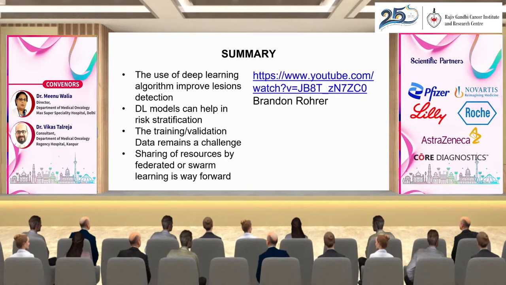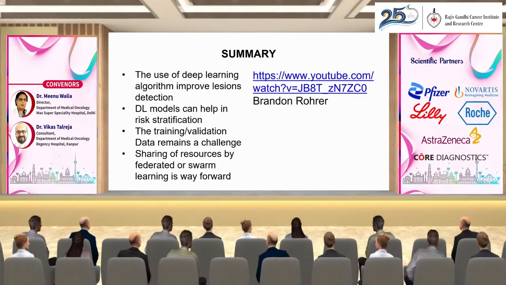What is federated and swarm learning? In federated learning, like I put all my slides into the cloud, and say Apollo puts all in the cloud, and Tata puts in the cloud, and anybody who wants to validate their AI system can use that cloud to validate the AI platform. So that is the idea of federated learning.